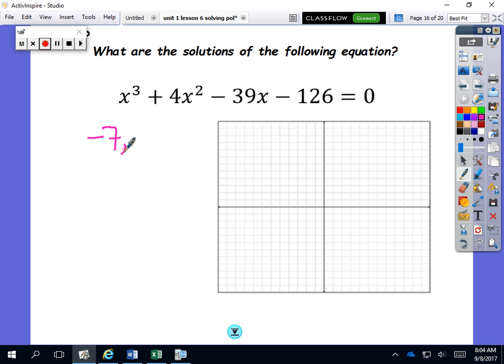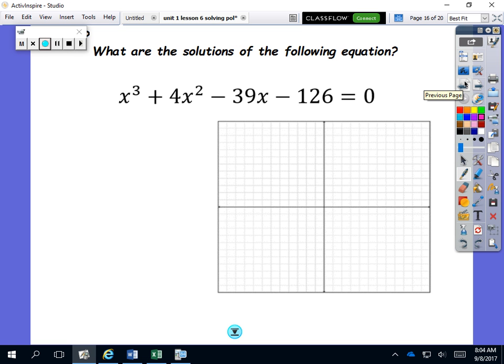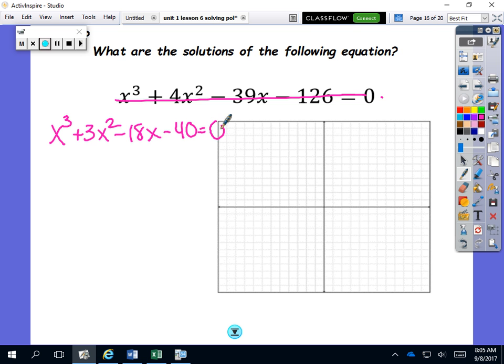Oh, I did the wrong one first, sorry. It looks like I made a mistake. Yeah, so the one I want you to do yourself is going to be the x cubed plus 3x squared minus 18x minus 40 equals 0.